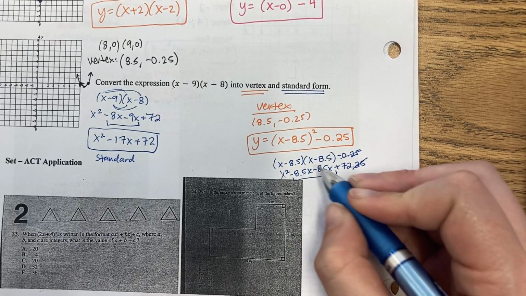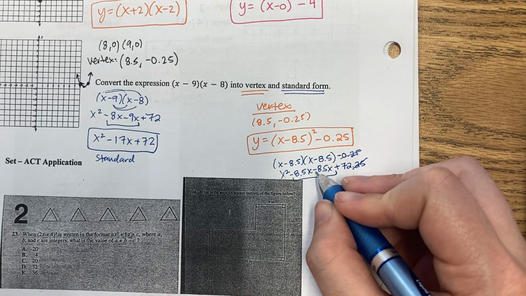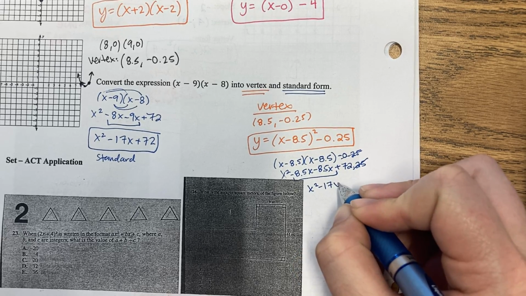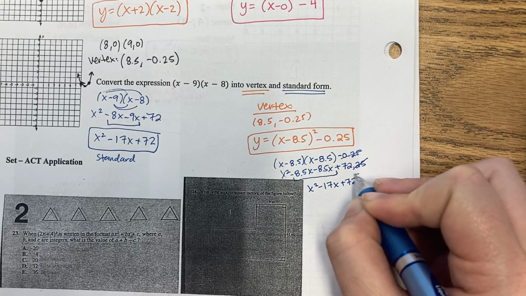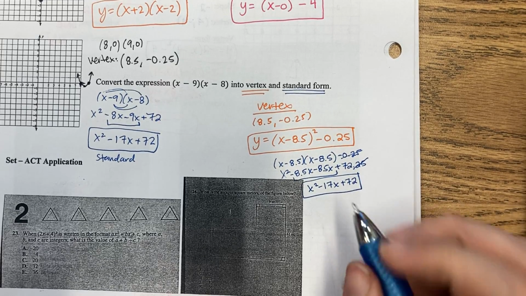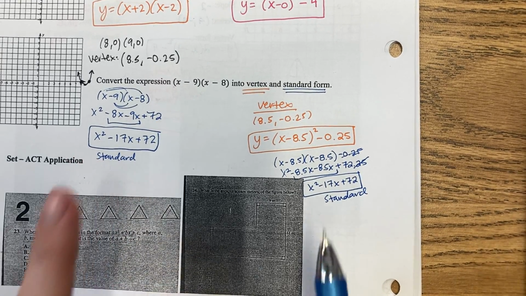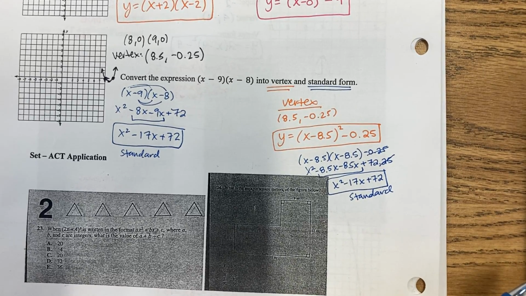And when I combine these two, 8 and 8 is 16, plus the 0.5s make it into a 17. So you have different ways you can find standard form.